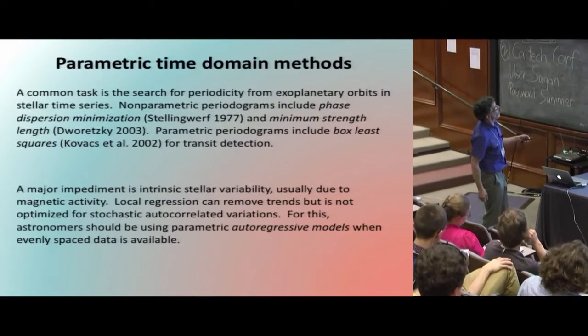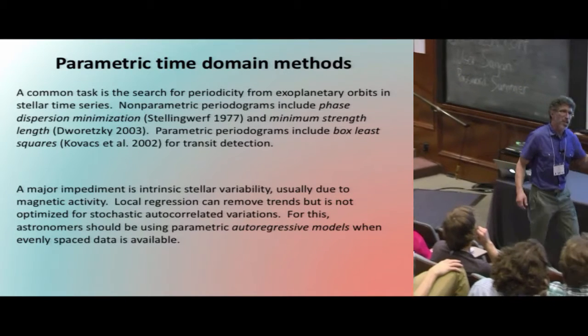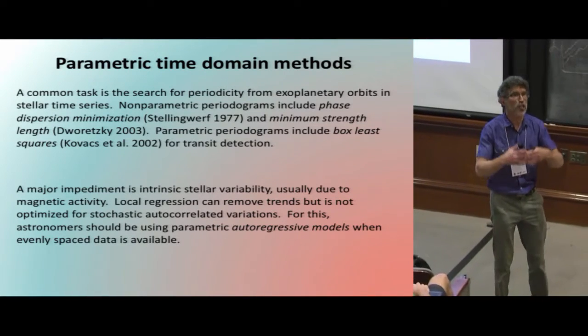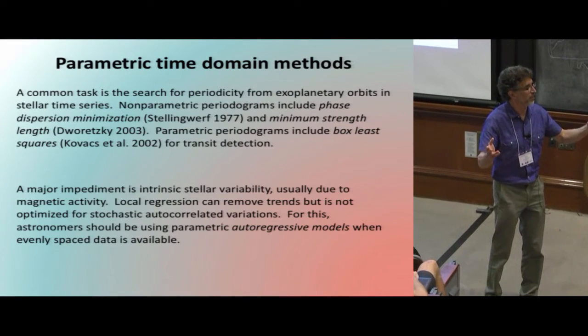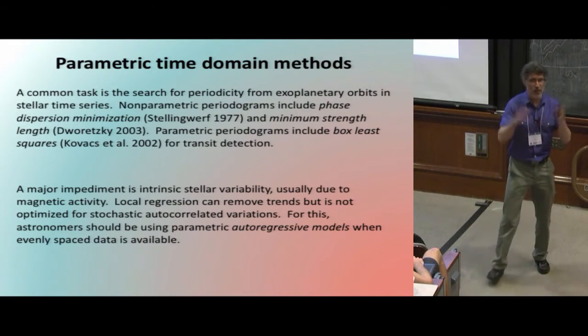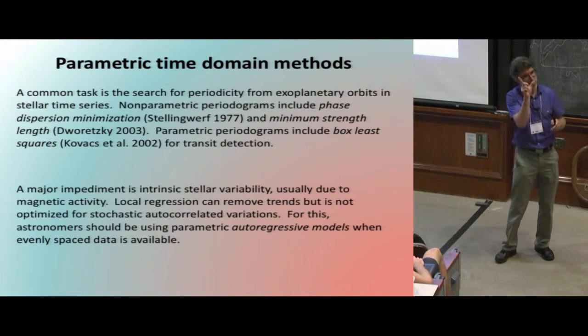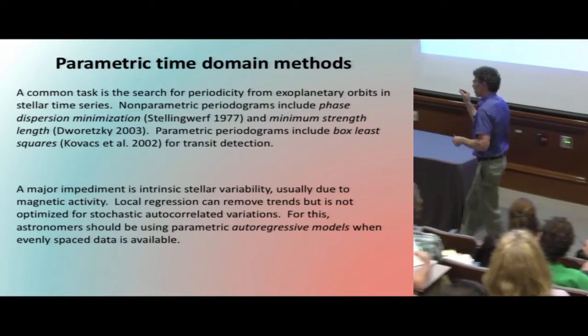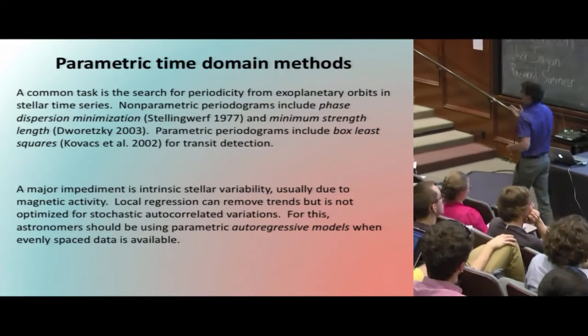Okay, so that was non-parametric time domain. Just things like smoothing the light curve to take a look at it. And I didn't go into it. There's an entire lecture on how to try to estimate things like not only the bandwidth by cross-validation, but an adaptive bandwidth.